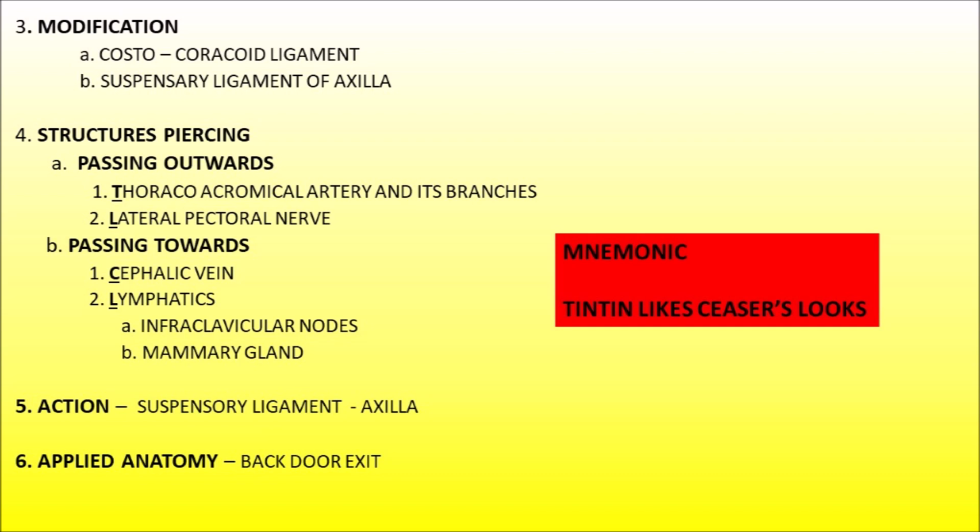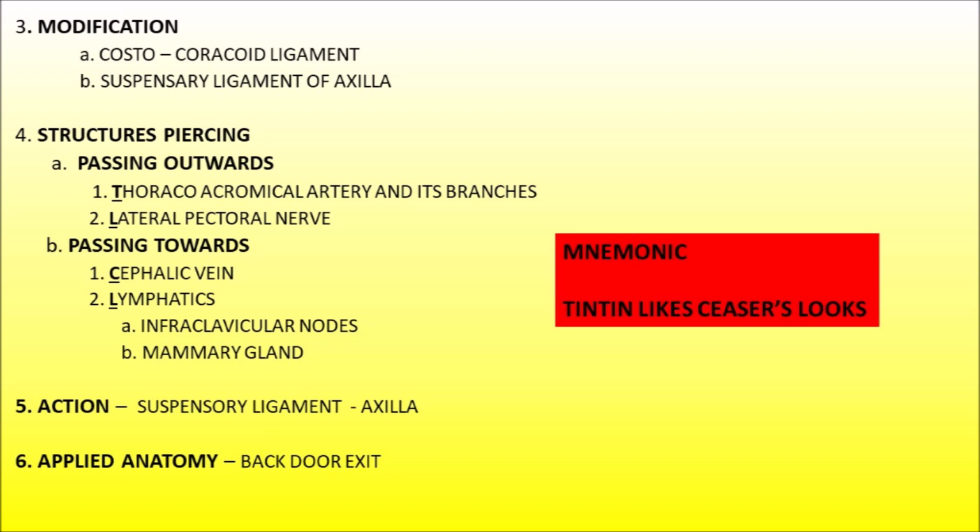In order to remember thoracoacromial artery and its branches, lateral pectoral nerve, cephalic vein and the lymphatics, remember the mnemonic "Tintin-like Caesar's looks", where T stands for thoracoacromial artery and its branches, L for lateral pectoral nerve, C for cephalic vein, and looks, L, for lymphatics.